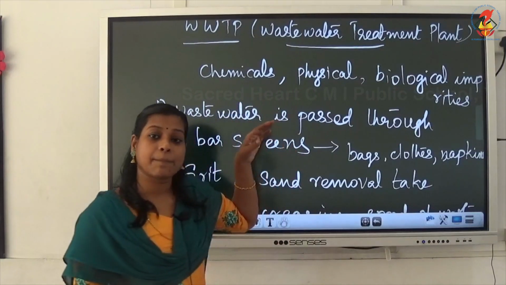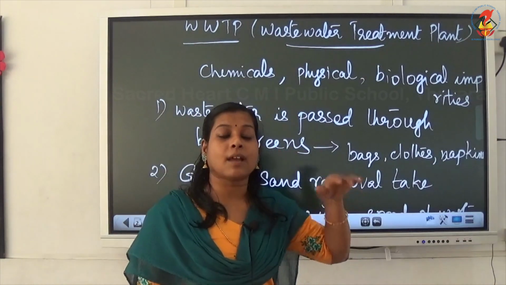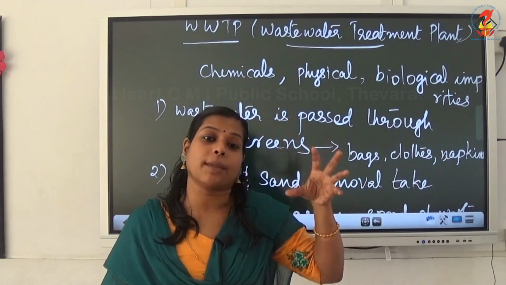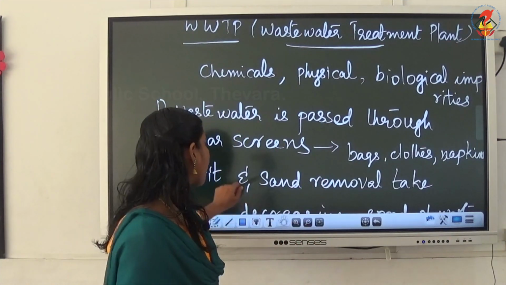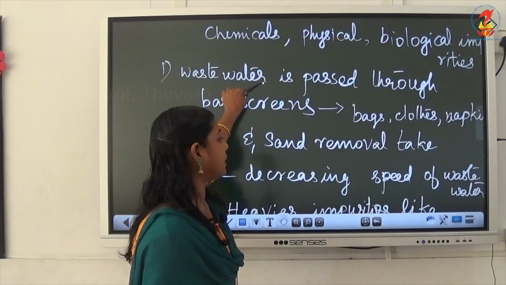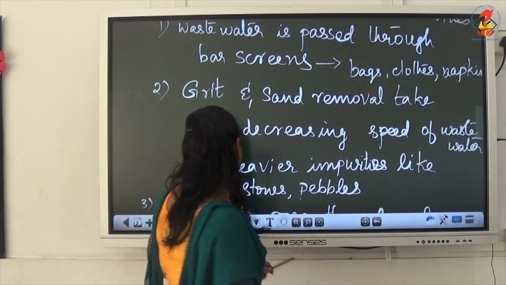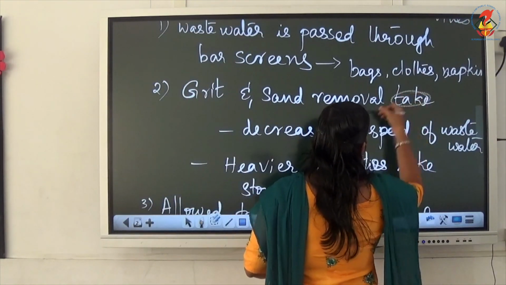So, when it is passing through bar screen, all those heavier or floating impurities will be removed there. After that, it is passed through a grit and sand removal tank.